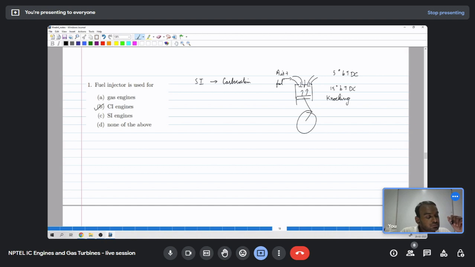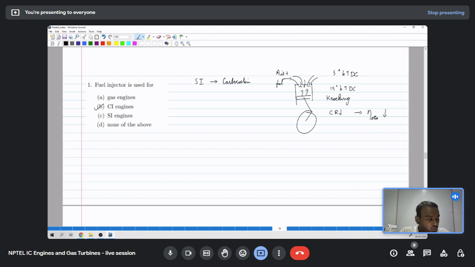To avoid knocking, we need to have a lower compression ratio, and when we have a lower compression ratio, the Otto cycle or air standard cycle efficiency drops down. So we have a limited efficiency. We cannot go beyond a certain point.